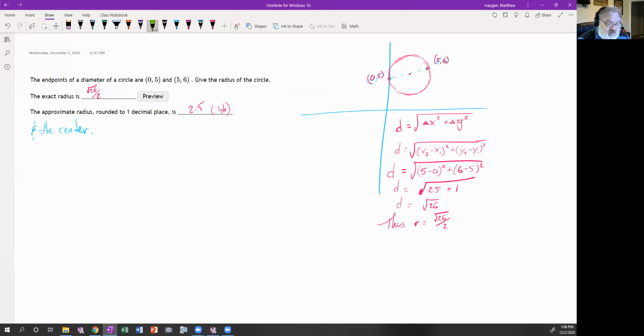Well, does it seem reasonable that the center has to be between the 5 and the 6?